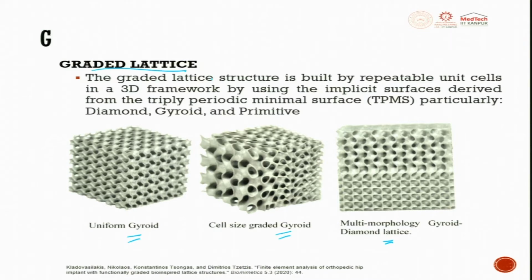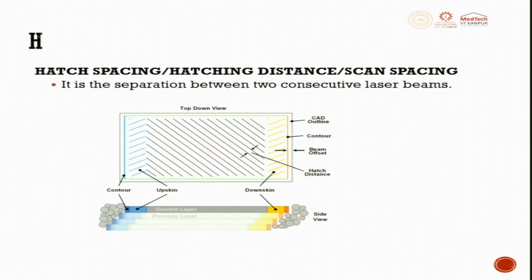The graded lattice structure is built by repeatable unit cells in a 3D framework using implicit surfaces derived from the triply periodic minimal surface, which is TPMS, particularly diamond, gyroid and prismatic. So, you can see these are all varying graded lattices.